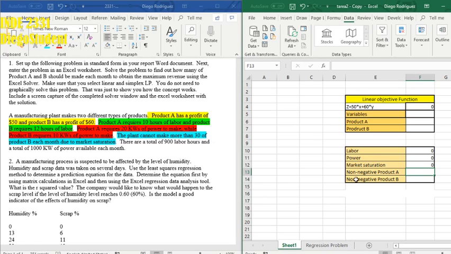Same with non-negative product A and non-negative product B. Right now we're just gonna do equal to product A, enter, equal product B, enter. Alright, so we already have the linear objective function. We already set the variables, and now we're gonna use the solver tool in Excel.